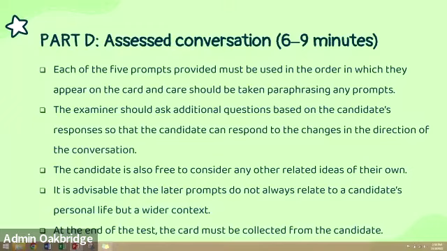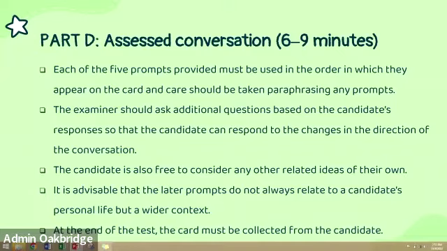It will be topic related and they'll ask you a few extra questions. All right? The candidate is also free to consider any other related ideas of their own. Okay? It is advisable that the later prompts do not always relate to a candidate's personal life, but a wider context.